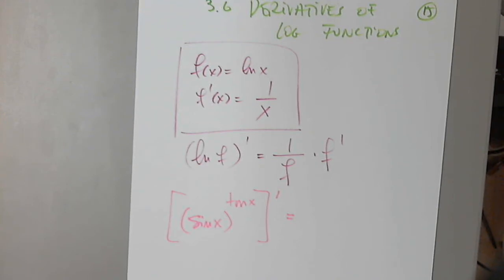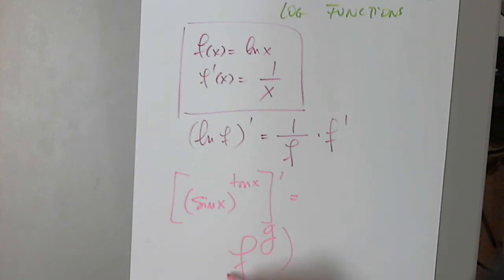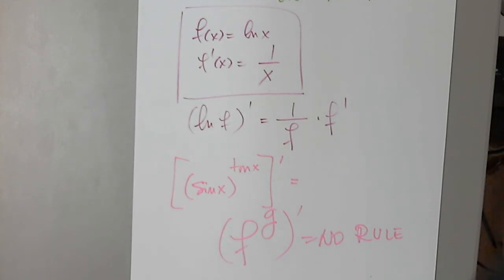So what will you do here to differentiate a function raised to another function? You will bring down tangent and subtract one from tangent and differentiate sine. Not possible. We do not have a formula for a function raised to a function. A function raised to another function g, no formula or rule. No differentiation rule.